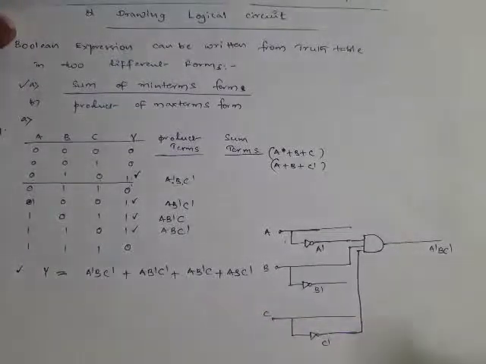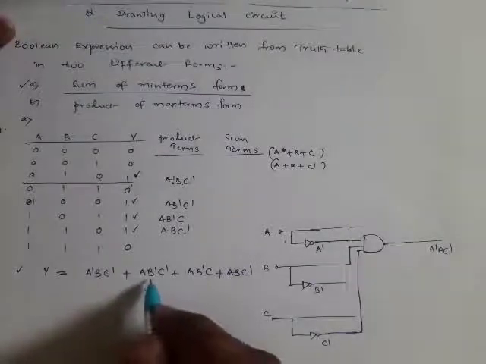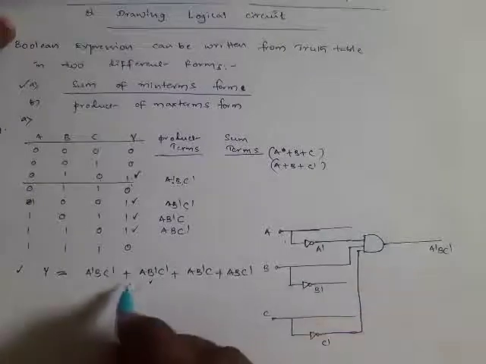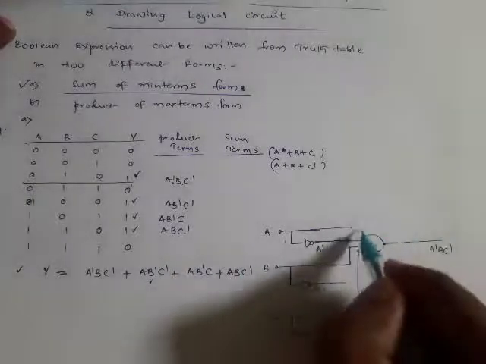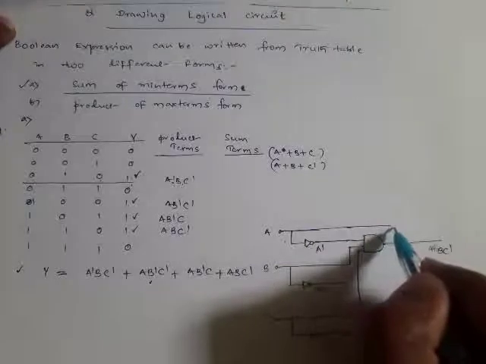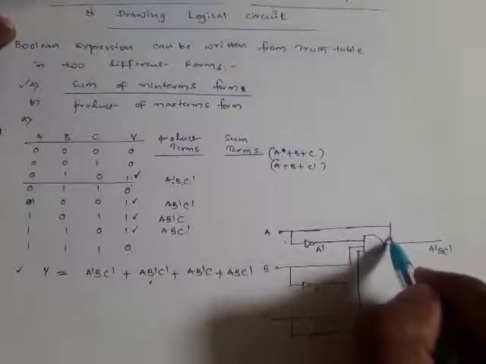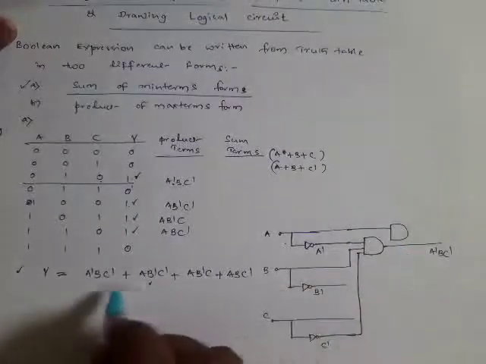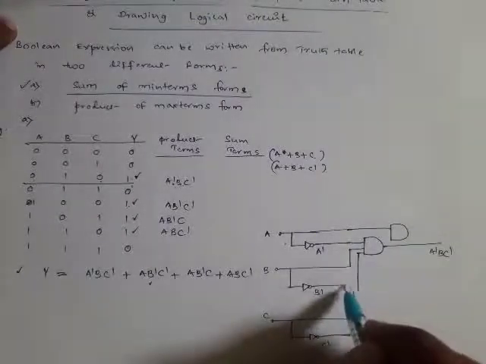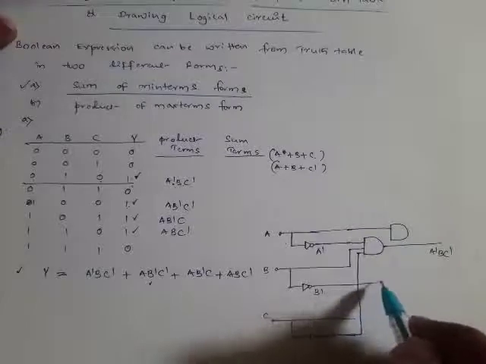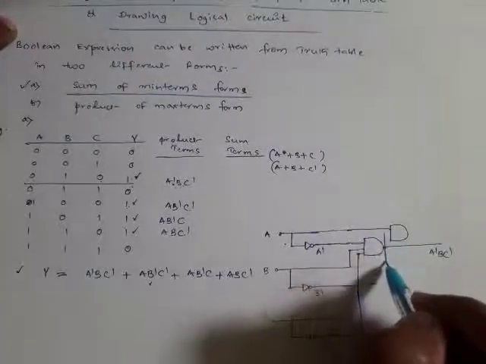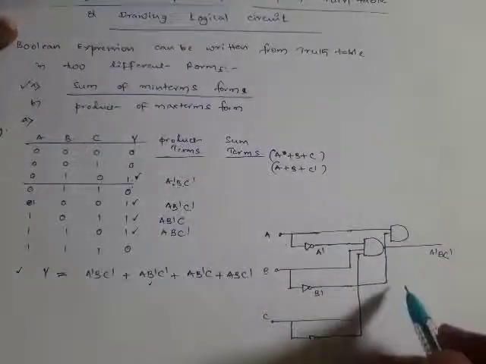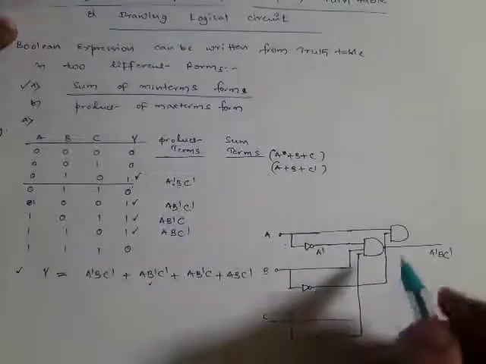Similarly, in order to get the second product, we have one more AND gate for which one input is A, the second input is B bar, and the third input is C bar.